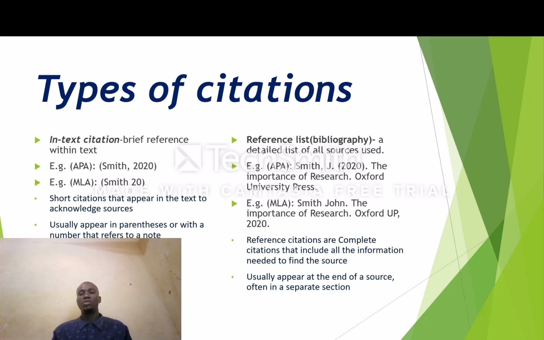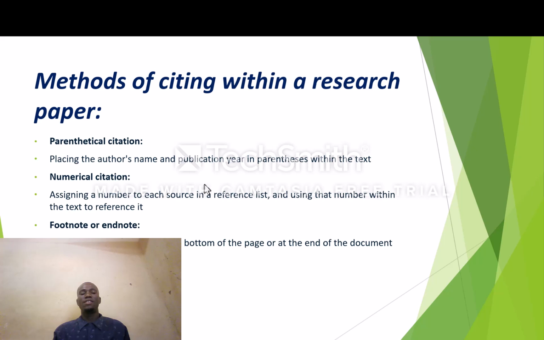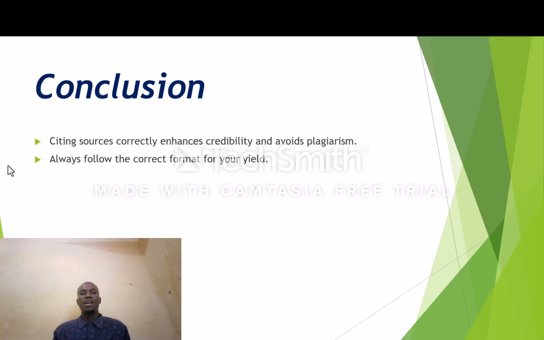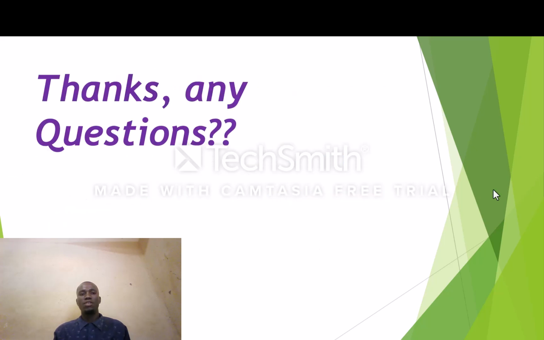These are the formats of how you can use it in APA and also in MLA. Note that short citations appear in the text to acknowledge the sources. Those short ones are telling you where the information was got from. So that is all under the types of citation we can talk about.